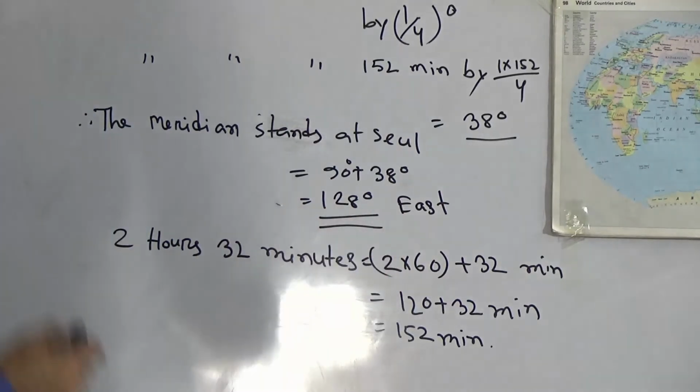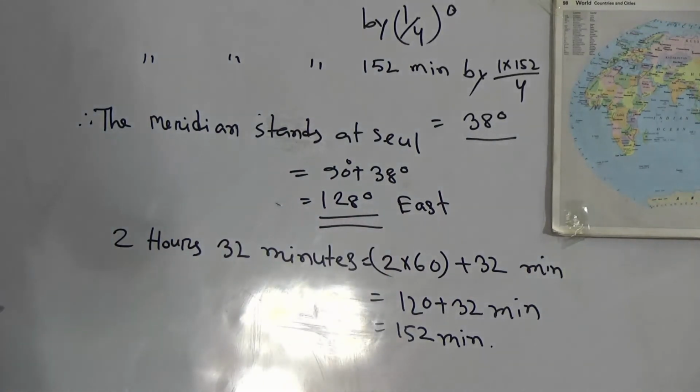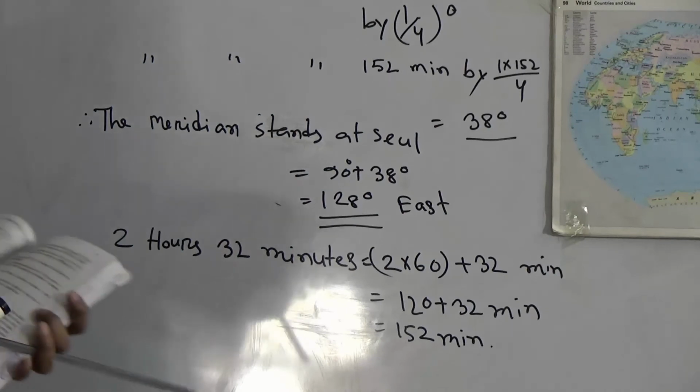So this is the meridian of Seoul, 128 degrees east. Okay.